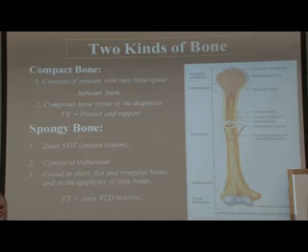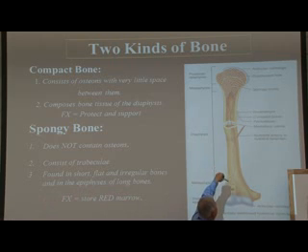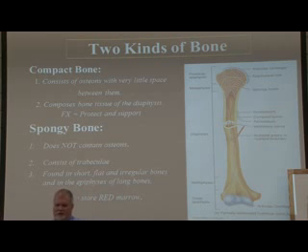The surface of all bones and the diaphysis of long bones are made highly dense without any big openings in it, so we call that compact bone. And then in the ends, we have a veneer of compact bone, and the bone's filled in with spongy bone. That actually makes bone stronger than it would be if it were all solid compact bone, because of the strutting that occurs.